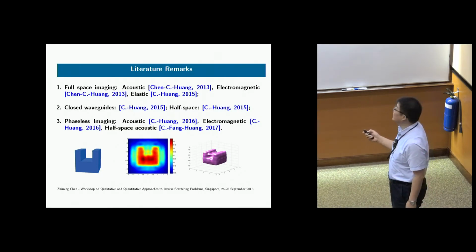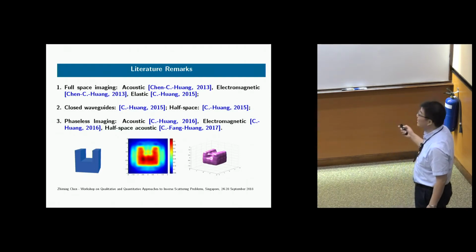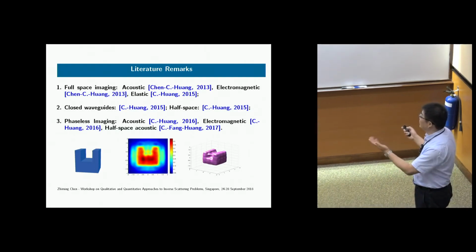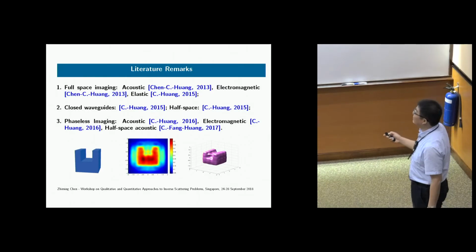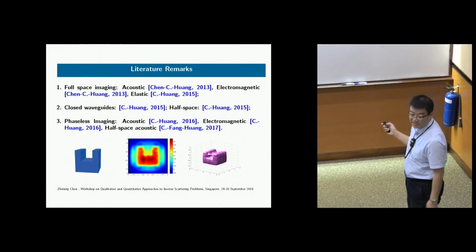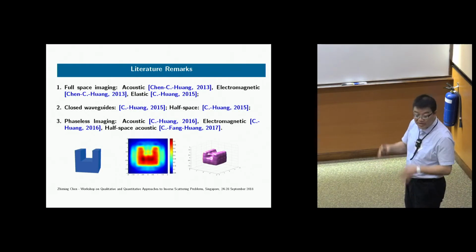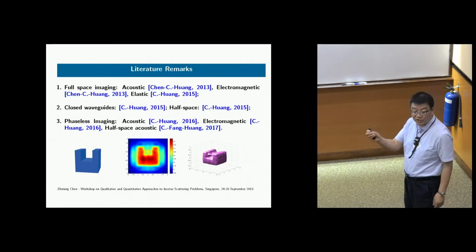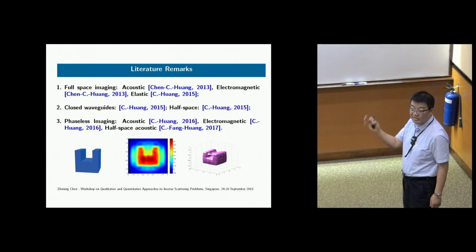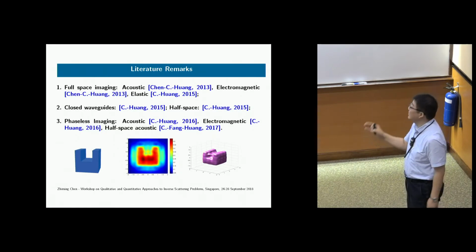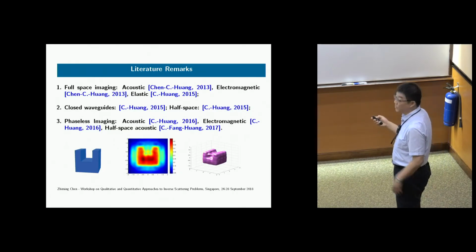These are this work, and half space acoustics, and this is the starting point for my talk today. The interesting thing is that you can do phaseless imaging. If you don't have the phase information of the measured field, you can still do RTM. Certainly you have to change it, and we have theorems saying that these two are the same. So these are the new findings.